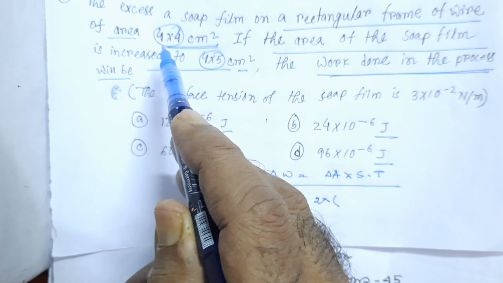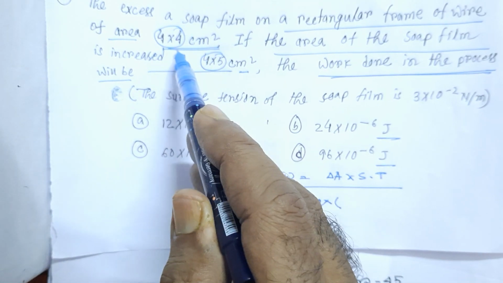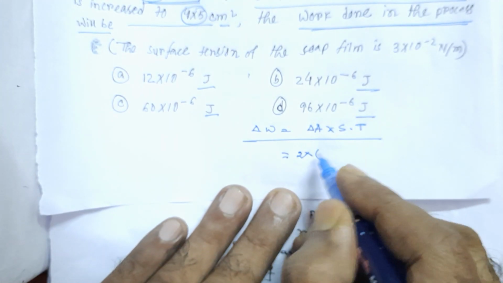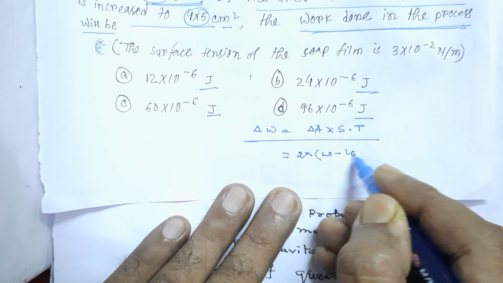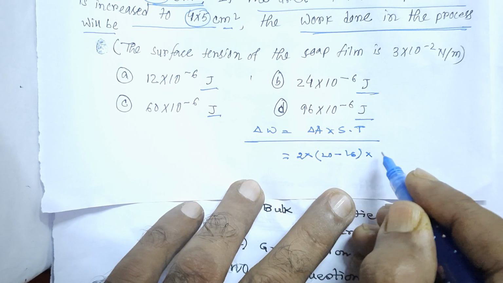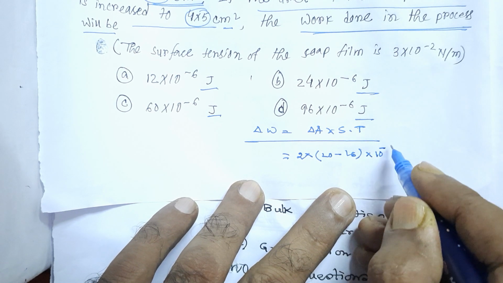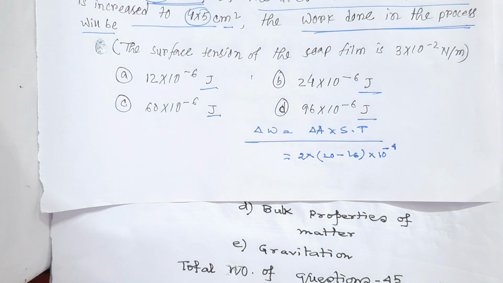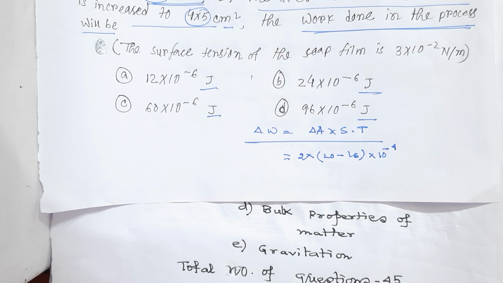Here surface area was 4 by 4, 16 centimeter square, and now it is 20 centimeter square. So the change in surface area is 20 minus 16, and we have to convert it to meter square, that is we have to multiply it by 10 to the power minus 4. Then we will get the change in surface area.